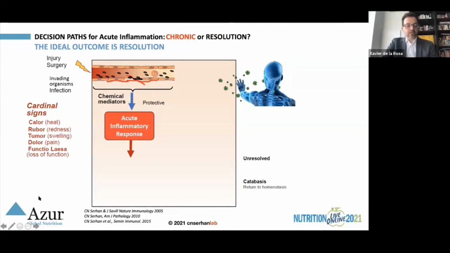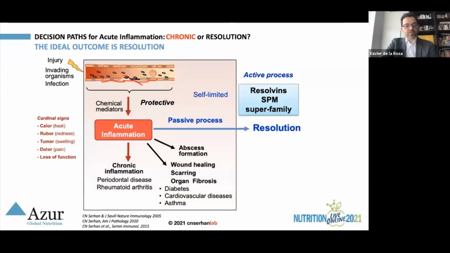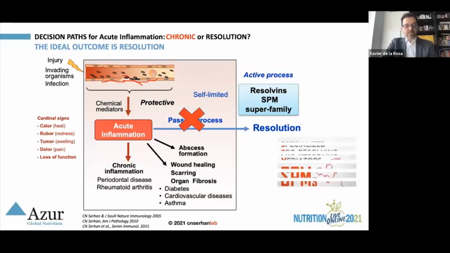Historically, the termination of inflammation was thought to be a passive process, by diffusion or dilution of these chemical mediators, which would eventually finish the inflammatory process. But Professor Serhan discovered this superfamily of lipid mediators called specialized pro-resolving mediators that are actively synthesized to finish inflammation. If this is disrupted, inflammation can become chronic, and then diseases can appear.